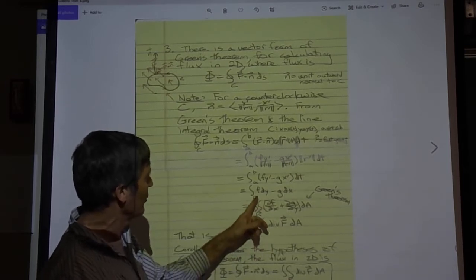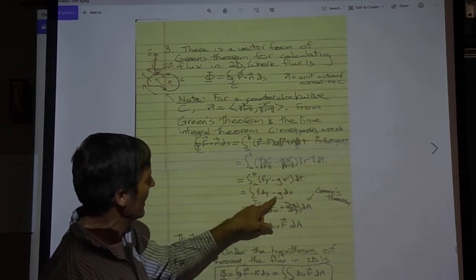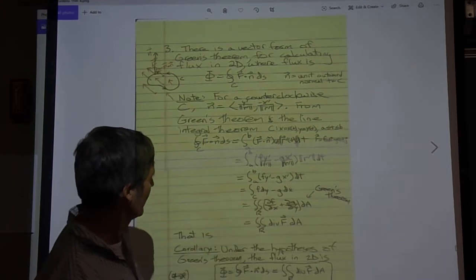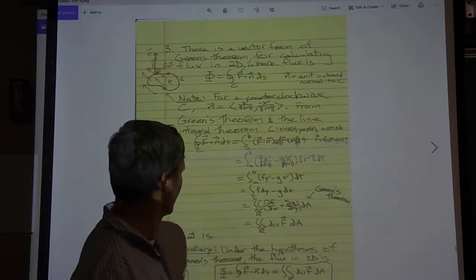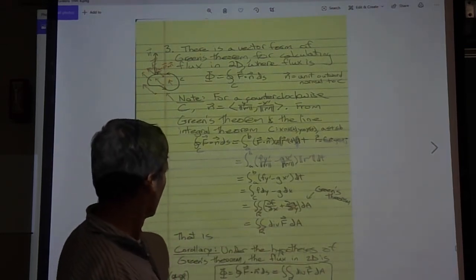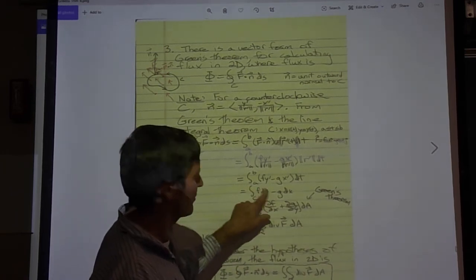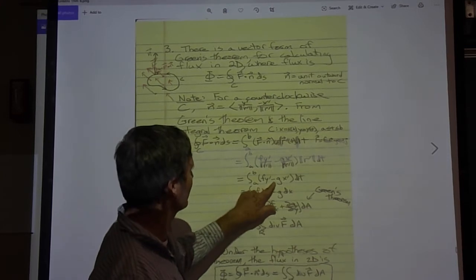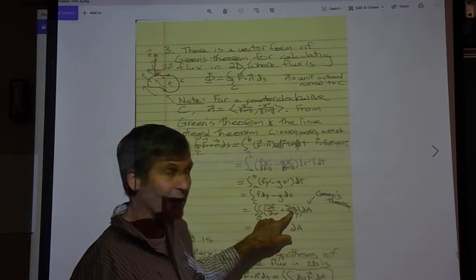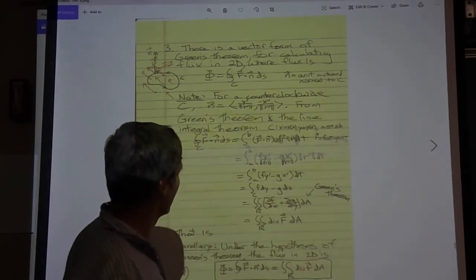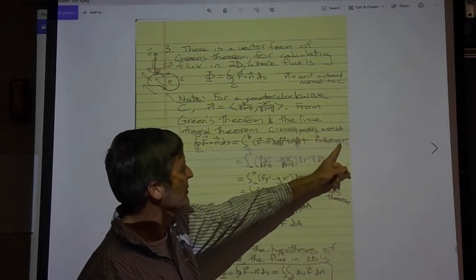but by Green's theorem, right, you take the partial of this with respect to x minus the partial of this with respect to y, and you get, I'm sorry, this multiplies dy, take the partial of this with respect to x minus the partial of this with respect to y, that gives you df dx plus dg dy, which is actually the two-dimensional divergence, right, of the vector field capital F equals little f i plus little g j.